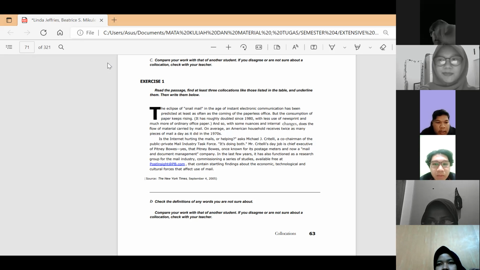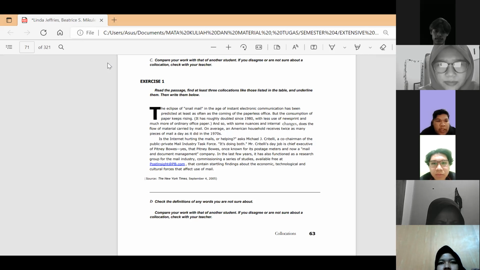If you see in the text that has brackets in paragraph 1, there is the phrase roughly doubled. Roughly doubled is a collocation because it is a combination of adverb plus verb.